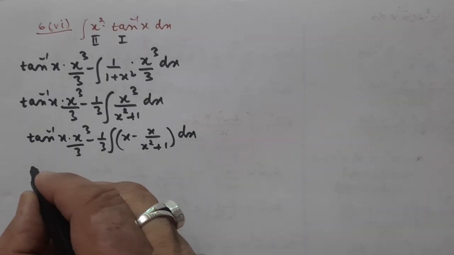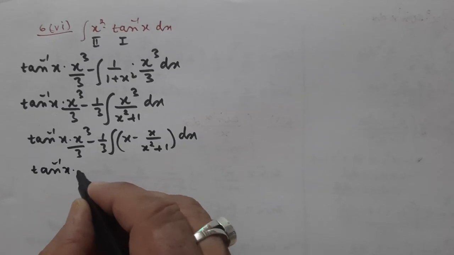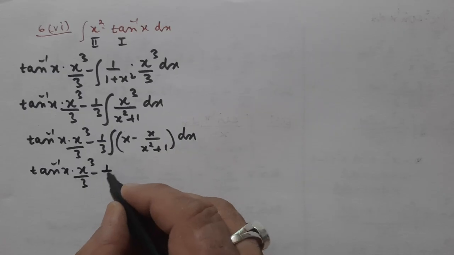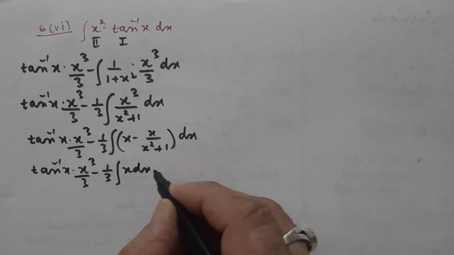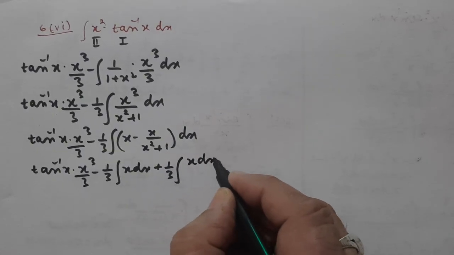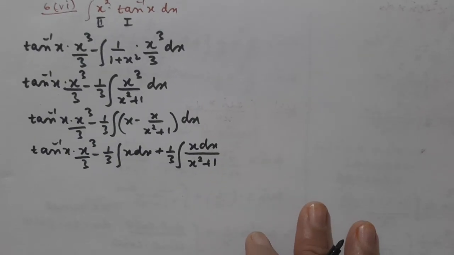So what we get now, tangent inverse x into x cube upon 3 minus 1 upon 3 integral of x dx plus 1 by 3 x dx upon x square plus 1, like this.